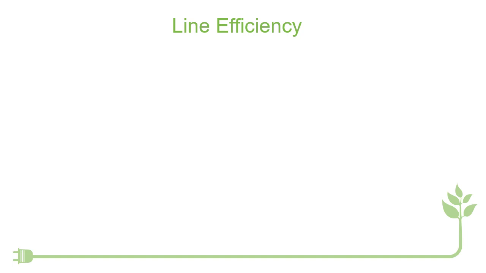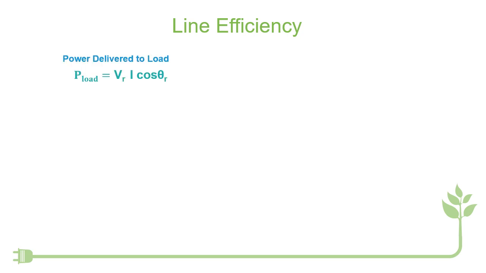And lastly, we will discuss line efficiency. The ratio of power delivered at the receiving end to the power sent from the sending end is known as the efficiency of the transmission line. For the efficiency of a short transmission line, we first have to get the power delivered to the load, the power loss, and the power sent from the supply end.